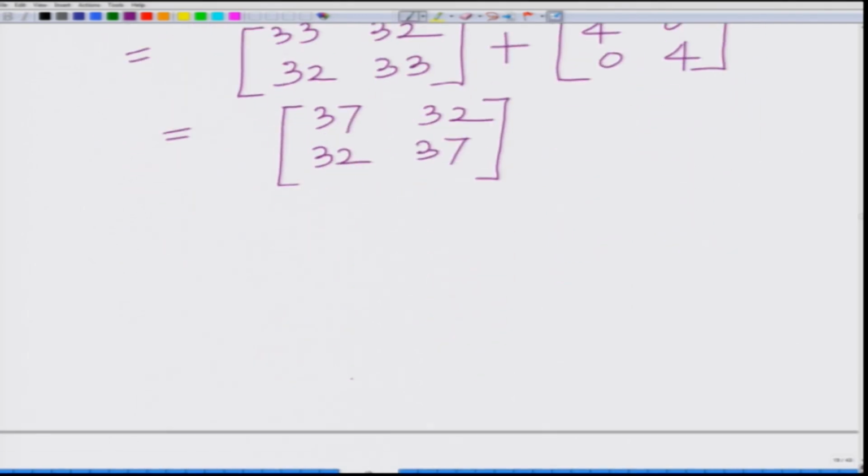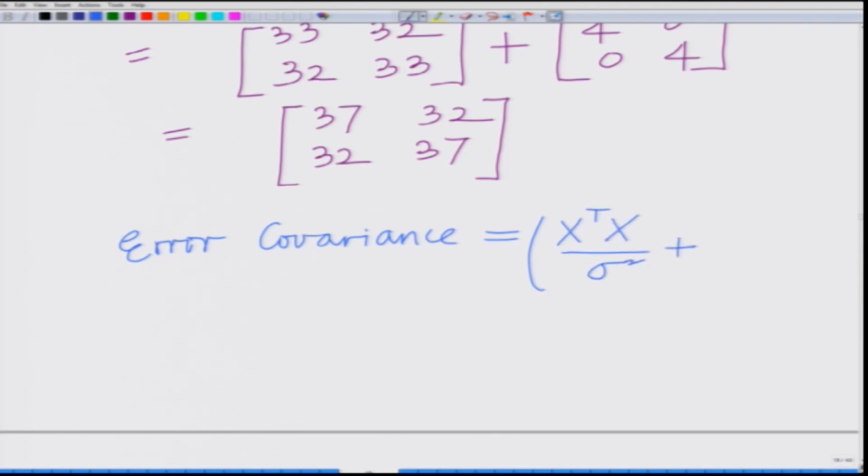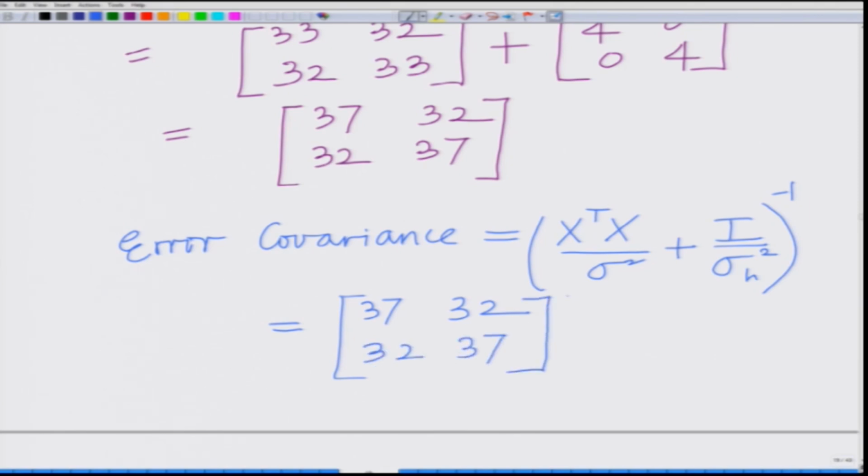This will be 37 32 32 37, and therefore the error covariance equals x transpose x by sigma square plus I divided by sigma h square, inverse, which is the inverse of the matrix 37 32 32 37.